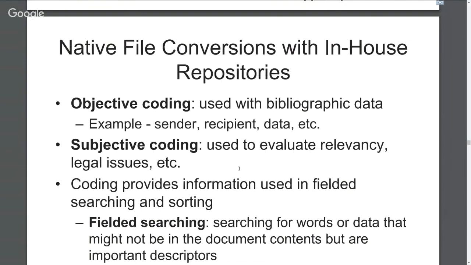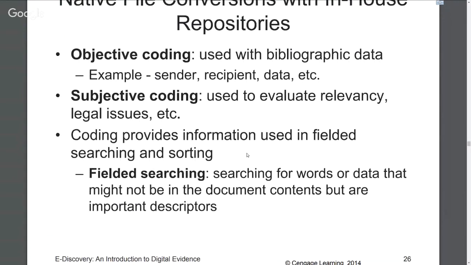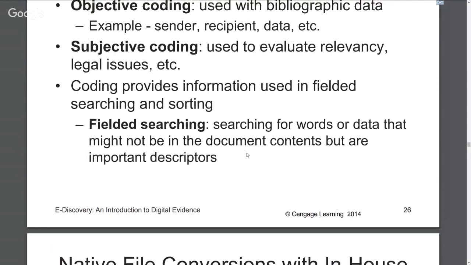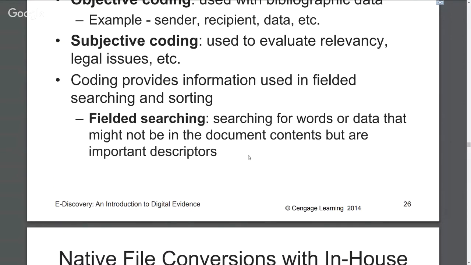So we're looking at objective coding using bibliographic data like sender-recipient data, with subjective coding like legal issues and evaluating redundancy, coding that's doing fielded searching and sorting, where words or data are not in the document but are important descriptors.